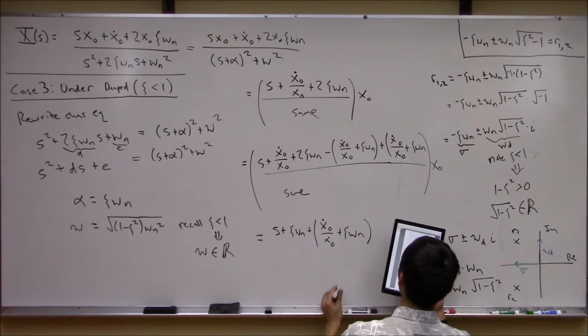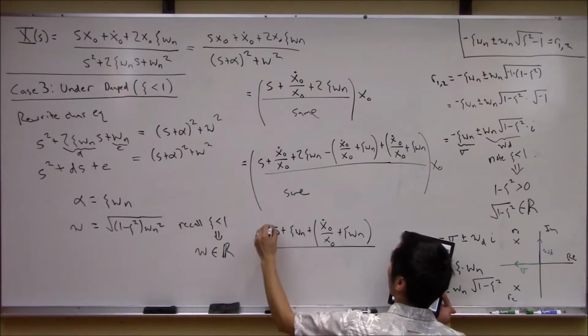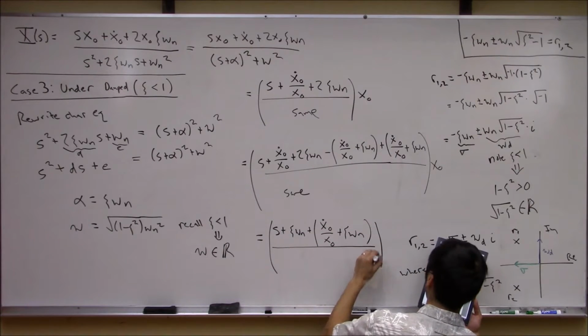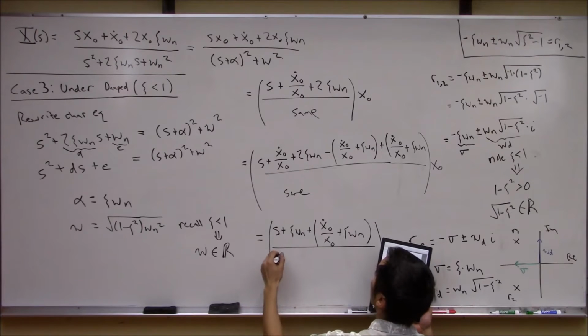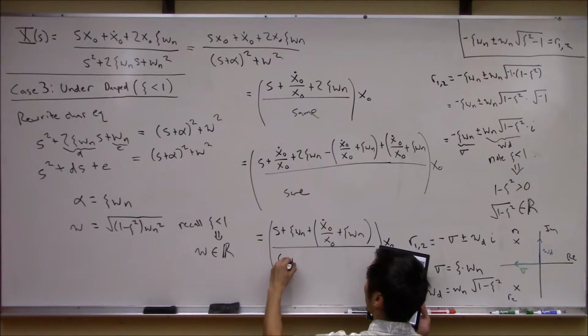We have to put this in parentheses. x0 is still hanging out here, all over s plus alpha.